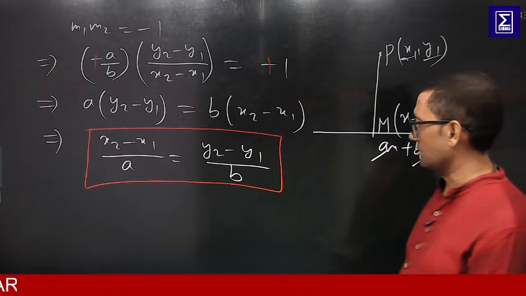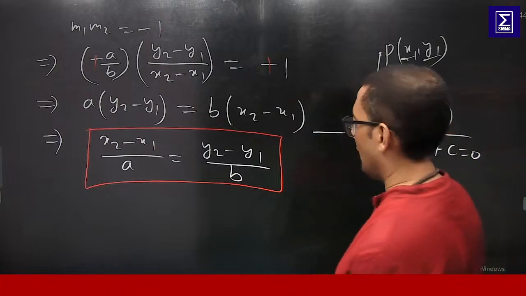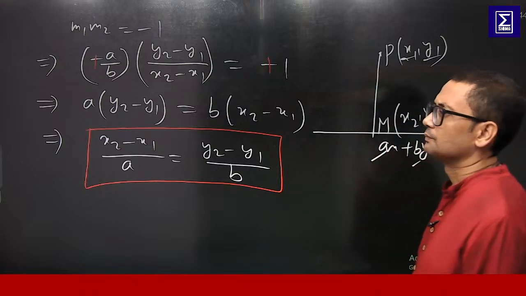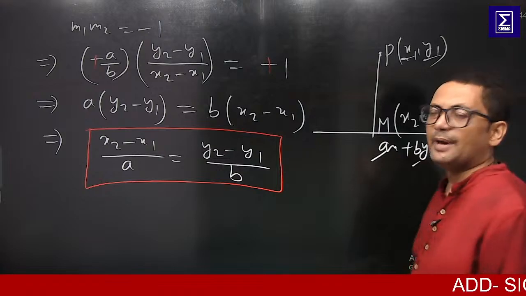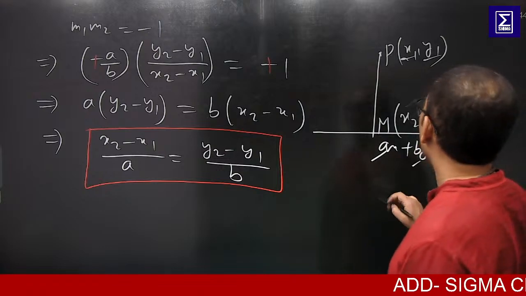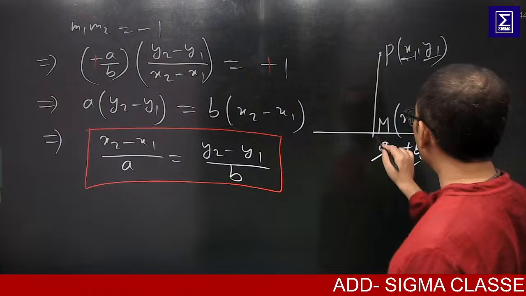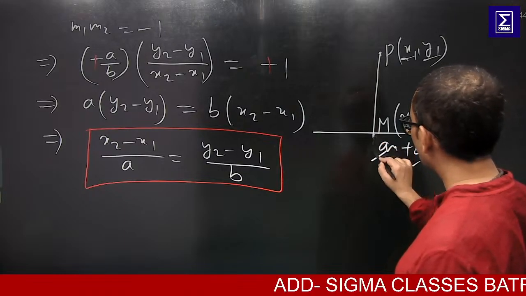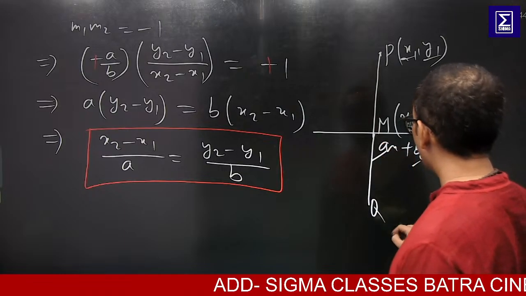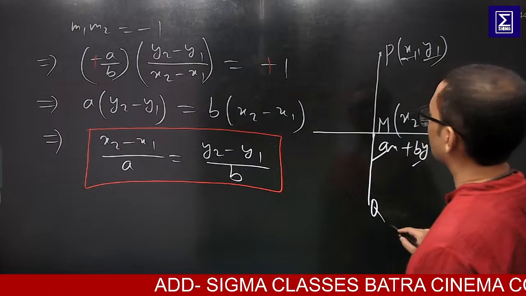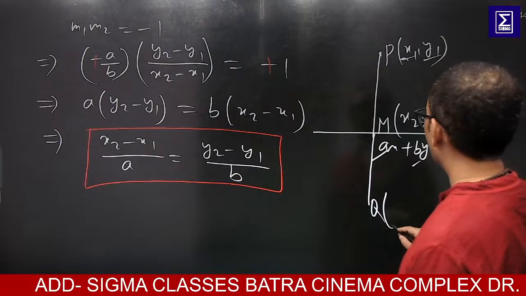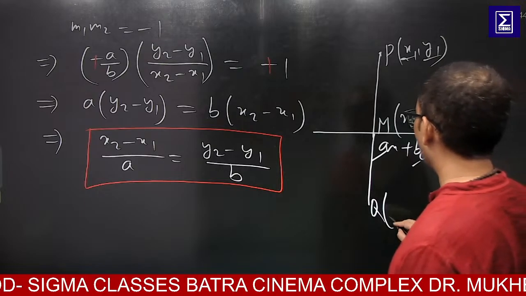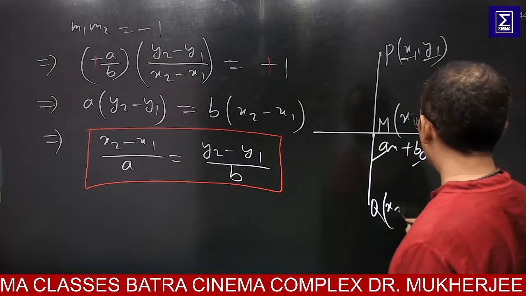Now moving to the same thing further, we will talk about the image of this point P. So let the image of point P is at point Q and the coordinate of Q is x3 comma y3.